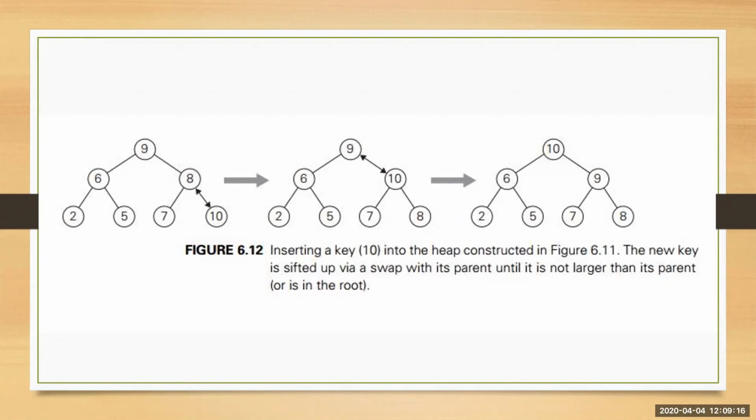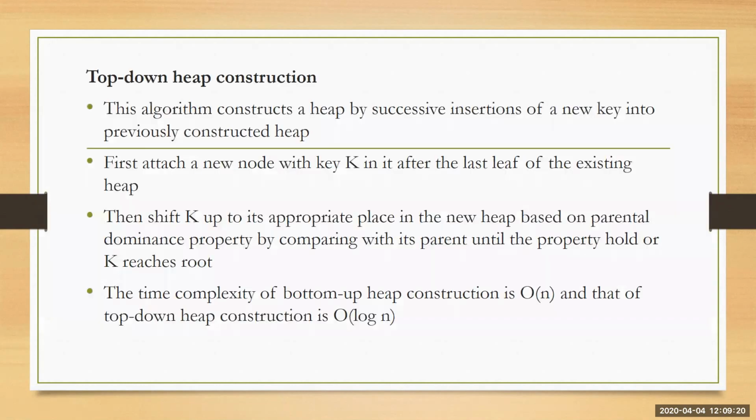That means in every step after adding each element, you are checking the parental dominance. Second step, then shift k up to its appropriate place in the new heap based on the parental dominance property by comparing with its parent, until the property holds or until k reaches the root node.